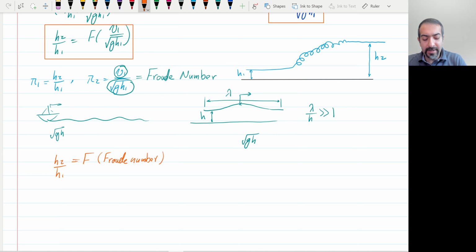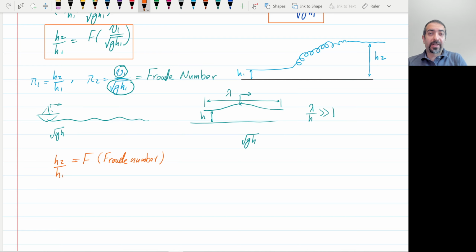So it depends on whether the velocity is high enough that the Froude number becomes equal to unity, or the velocity of the flow is the same as the velocity of the propagating wave, or smaller, and so on and so forth, right?